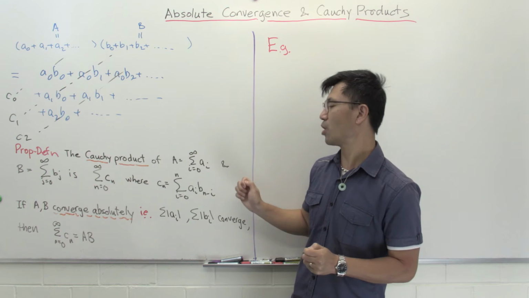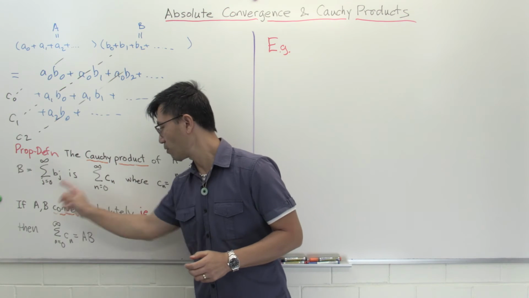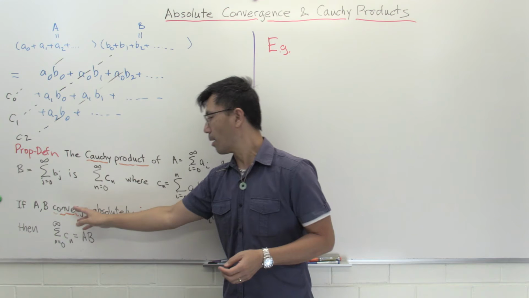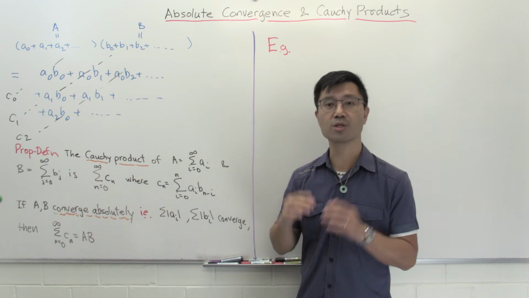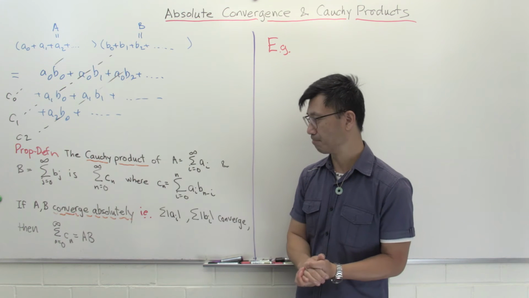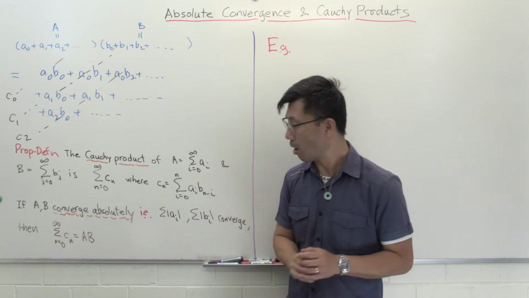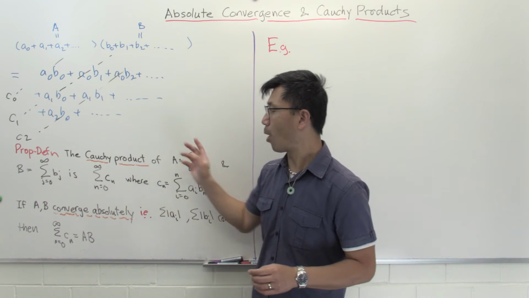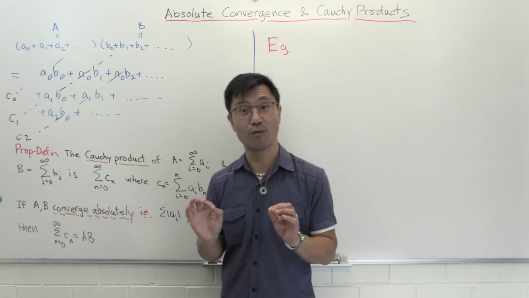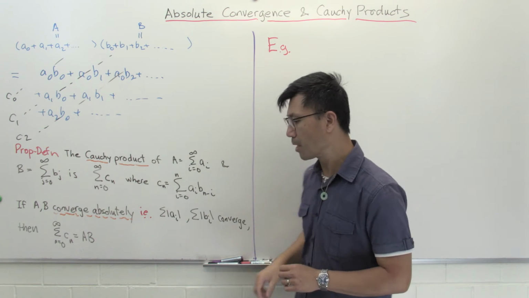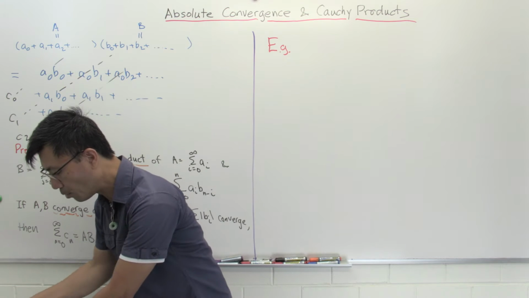Okay, it turns out that actually you only need one of these to converge absolutely, but I've opted for this more symmetric formulation here. Okay, so maybe it's time to look at a simple example of this proposition in action so you can get a feel for what it does. Okay, so let's have a look at the following example.